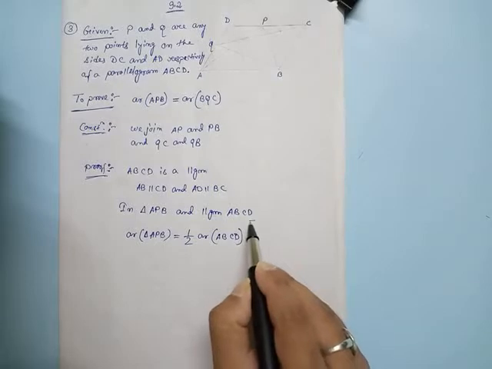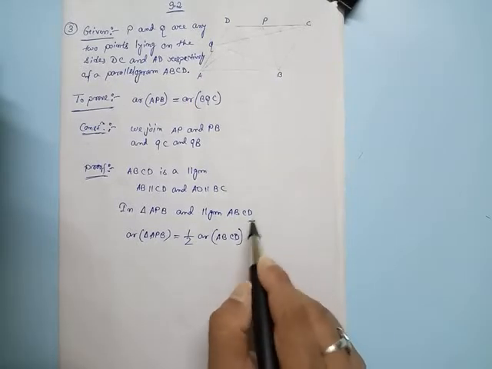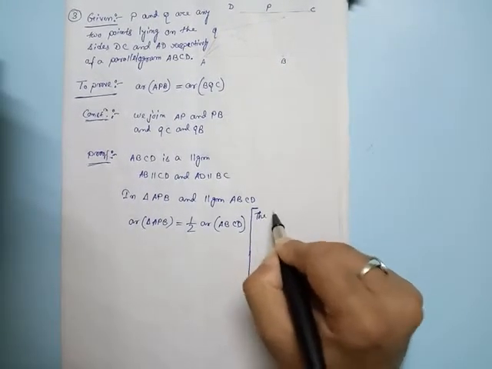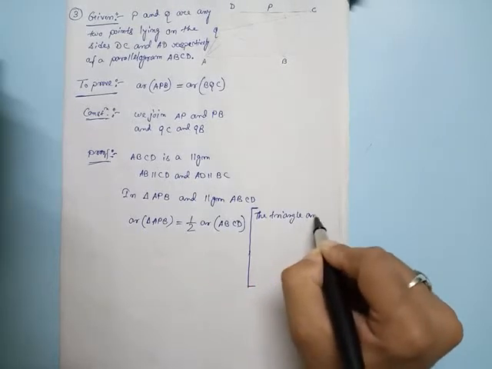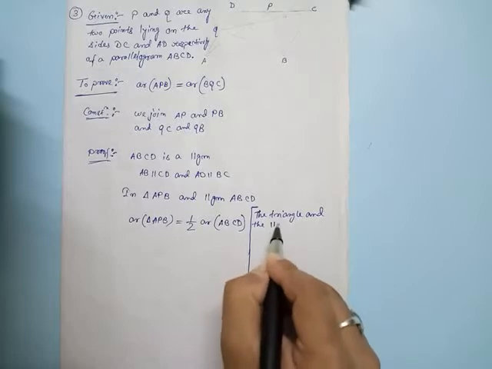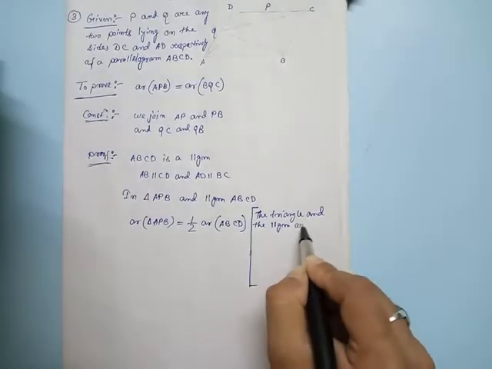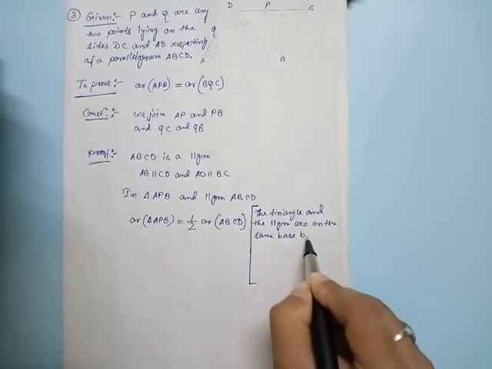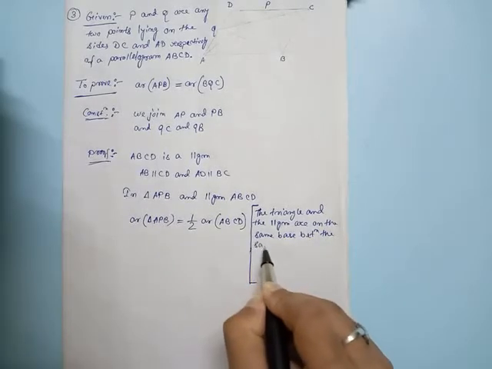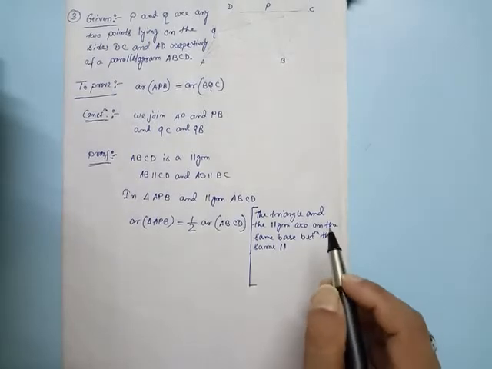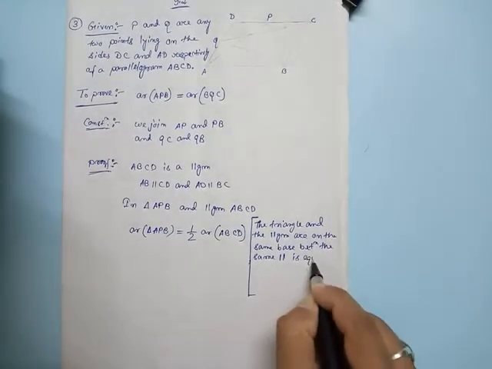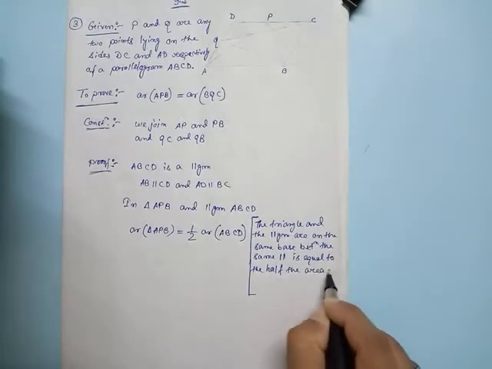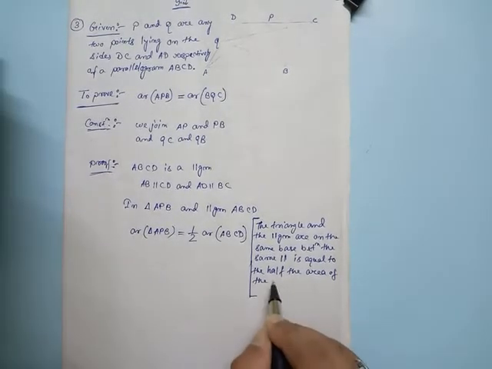I am just writing the reason here now by the side. The reason is the triangle and the parallelogram are on the same base between the same parallels is equal to half the area of the parallelogram.